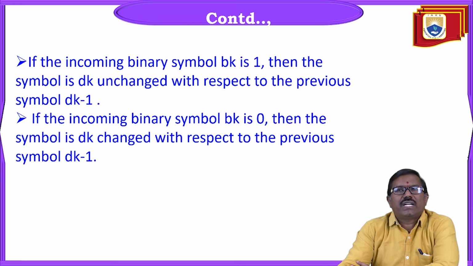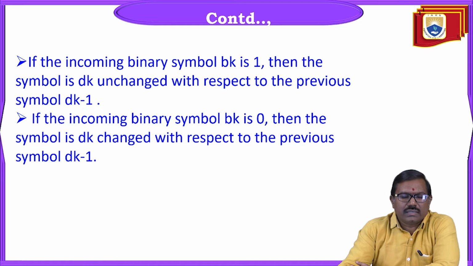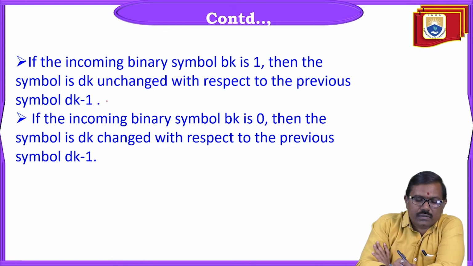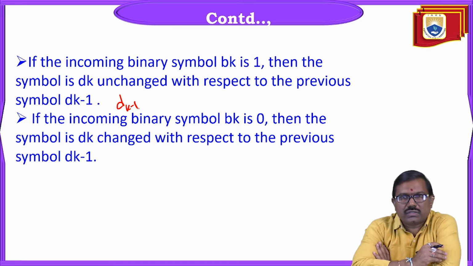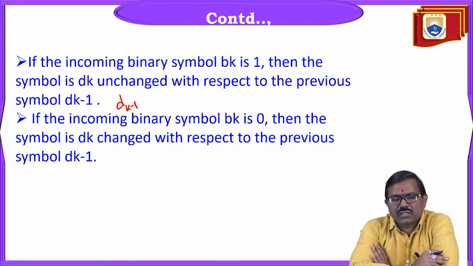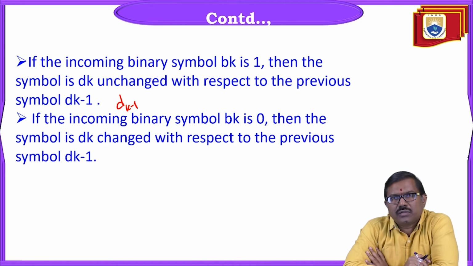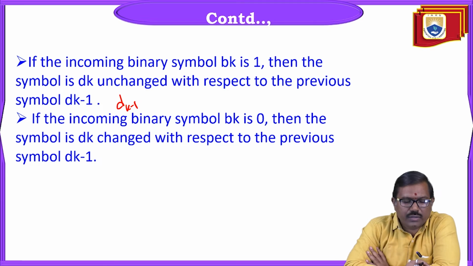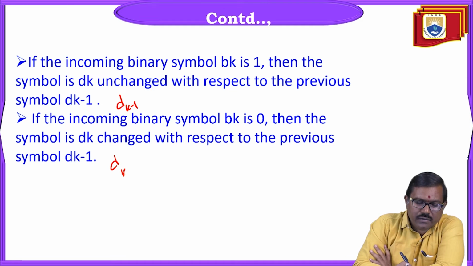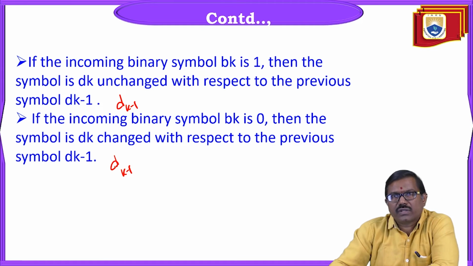If the incoming binary symbol bk is 1, then the symbol dk is unchanged with respect to the previous symbol d(k-1). Here d(k-1) is the previous symbol for dk. And if the incoming symbol bk is 0, then dk is changed with respect to the previous symbol d(k-1). Okay.